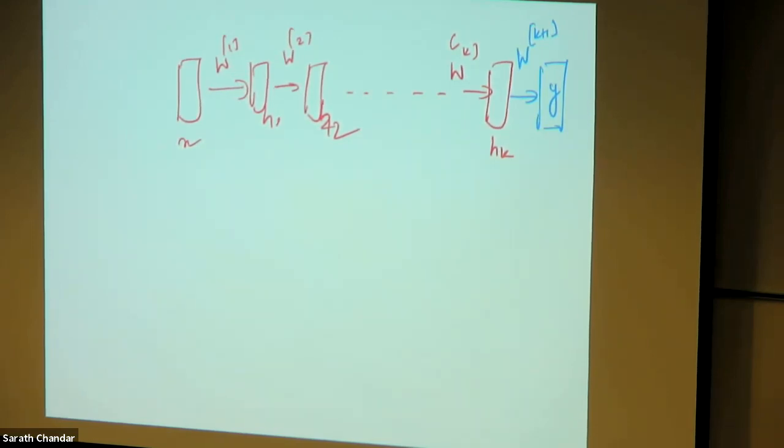Is that clear? Now I'm going to do my normal neural network training with this layered architecture. The big difference here is all these weights from W1 to WK are initialized through this layer-wise training procedure.